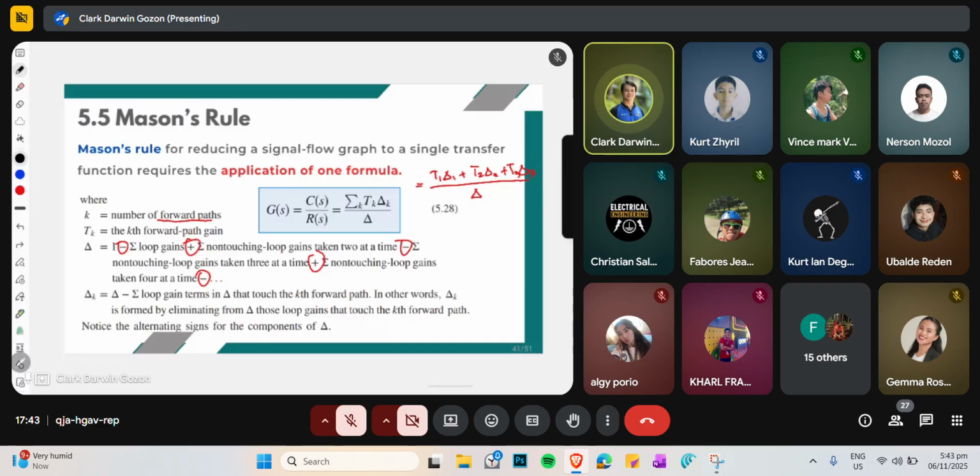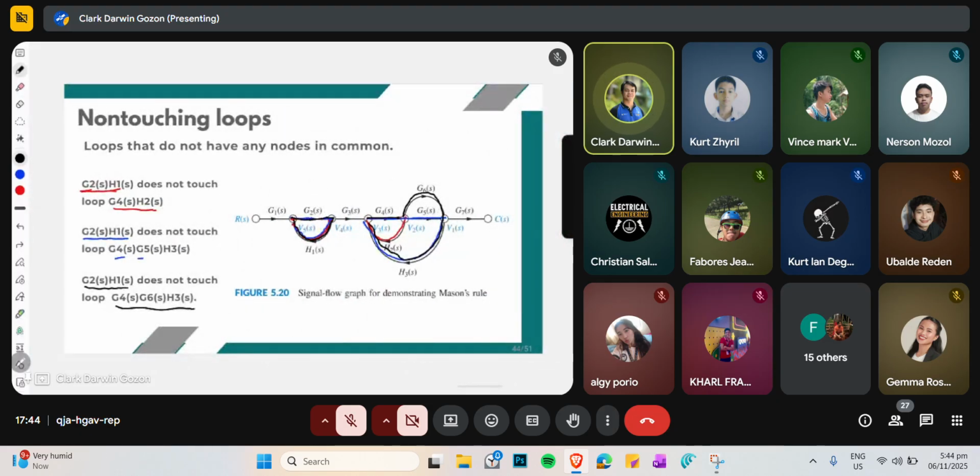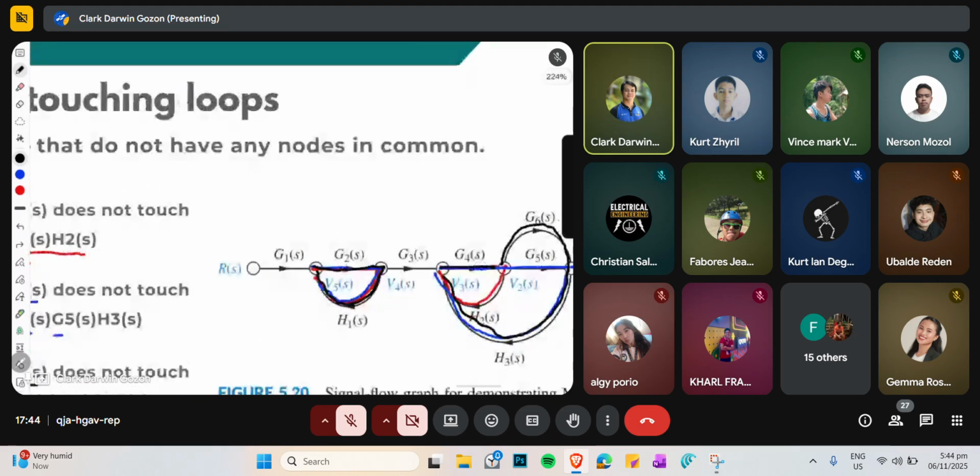Delta is 1 minus loop gains plus non-touching loop gains taken 2 at a time. So, in this example, let us solve it.